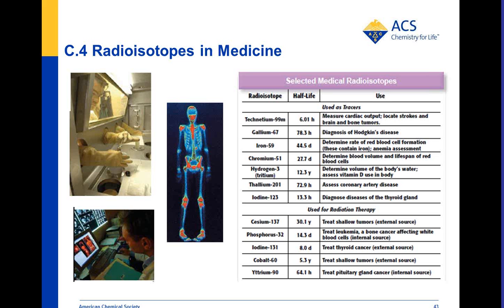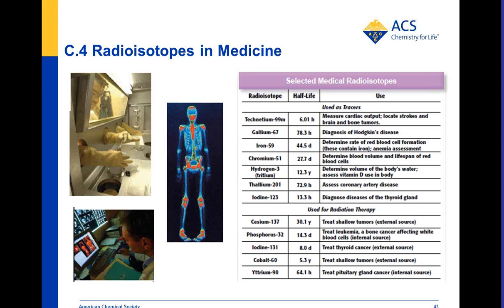This slide gives the information, and there are some excellent illustrations here. It gives them both the diagnostic tools and the therapeutic cancer treatments, to recognize that these can be used as tracers, where they're trying to find out what the problem is, and they can be used to treat things like cancer.